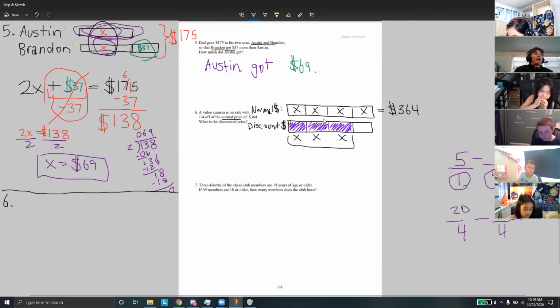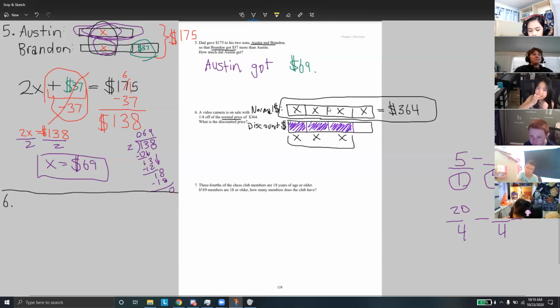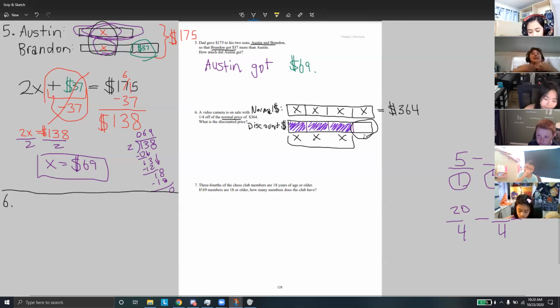And I know that the normal price, 4X's, is equal to 364. Because the whole price is equal to 364, and I split it into 4 groups because we're getting rid of one of the groups. By splitting it into 4 groups, I can find what one group is.